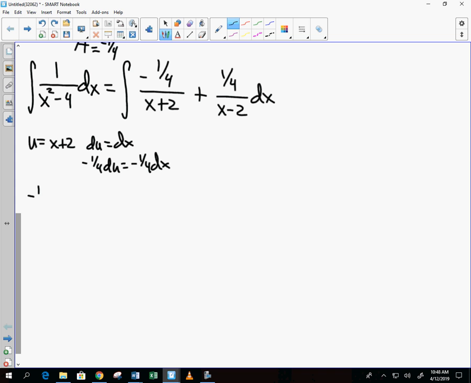So I go negative 1/4 integral du, and what remains? 1/u. What is the antiderivative of 1/u? Natural log. So you get negative 1/4 natural log of x plus 2.